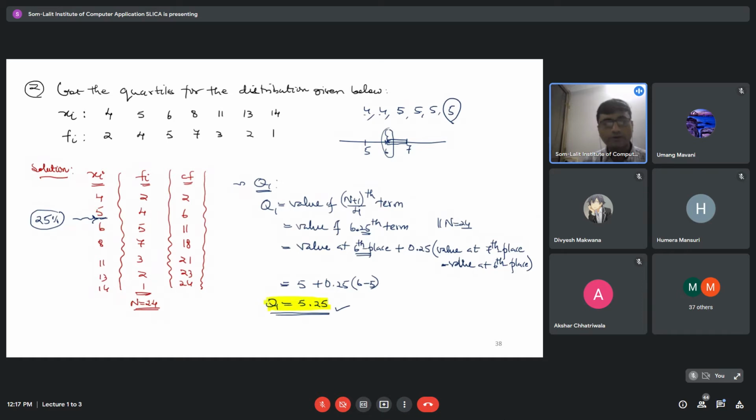Now, let's go for Q2. That's too simple. You can just answer from the total number of observations very easily. What is Q2? Tell me, what is Q2? Yes, it's the median. Q2 is basically the median, right? So your total number of observations is even, right?